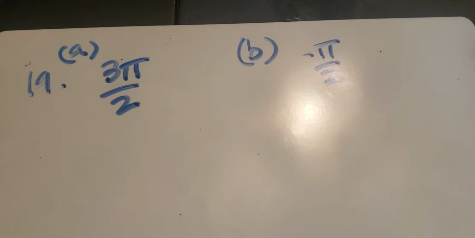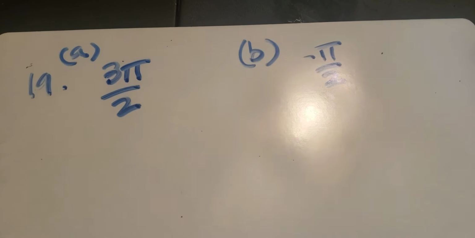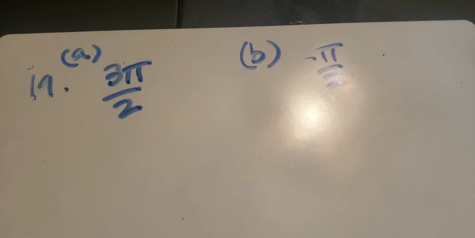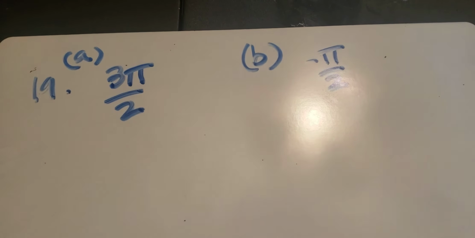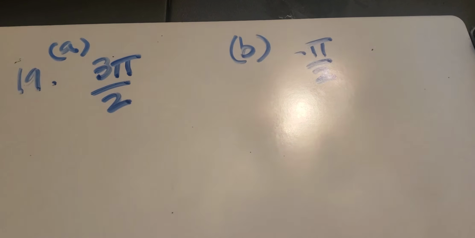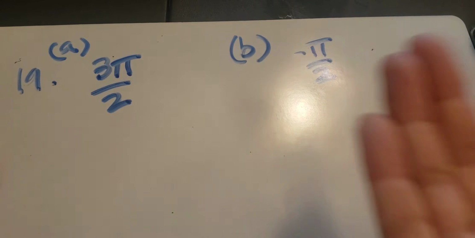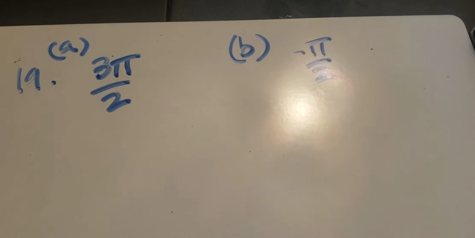Okay, now I'm going to do 19 with you, and in 19, they want you to sketch each angle in standard position. Earlier I was saying that I didn't want to change my radians to degrees, but here I'm going to show you how, if you're having trouble understanding radians and it helps you to change it to degrees, then do so, and it might make things a little easier for you. So let me show you.